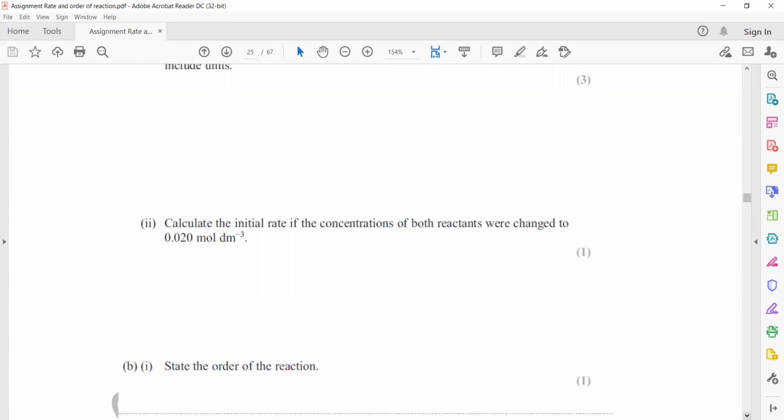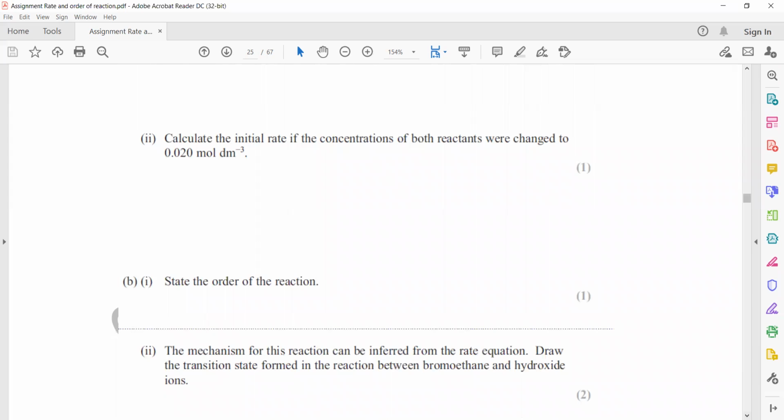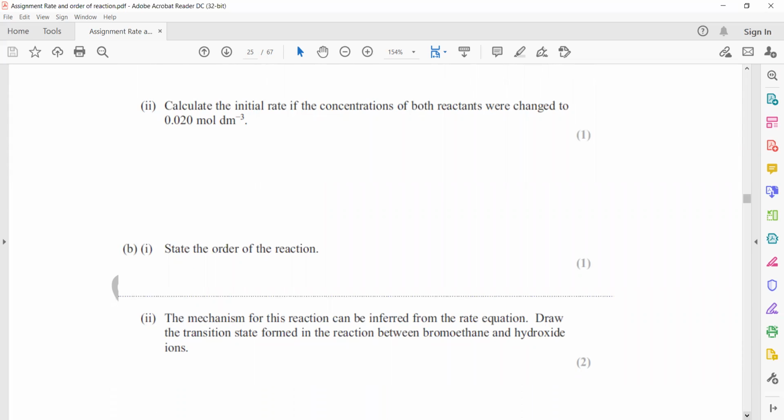Calculate the initial rate if the concentration of both reactants were changed to 0.02. So what happened? Now we already have the value of K. So the rate equals K times the concentration of both reactants, which is bromoethane and the concentration of hydroxide.